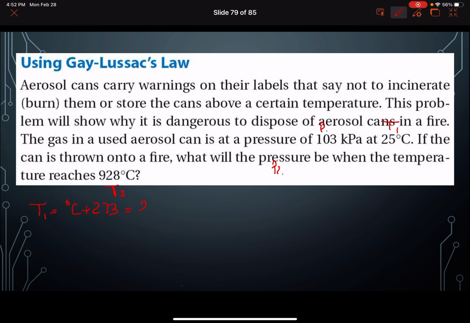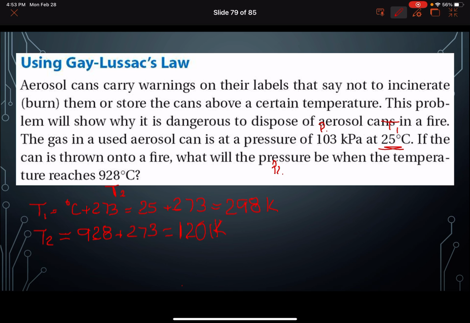That's 25 degrees Celsius plus 273, which gives us 298 Kelvin. Then temperature 2 is 928 degrees Celsius, so 928 plus 273 gives us 1,201 Kelvin.